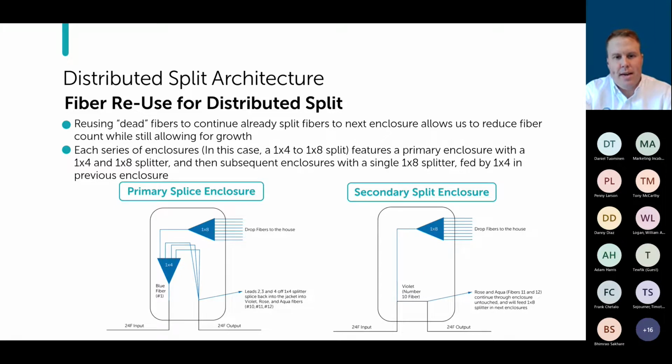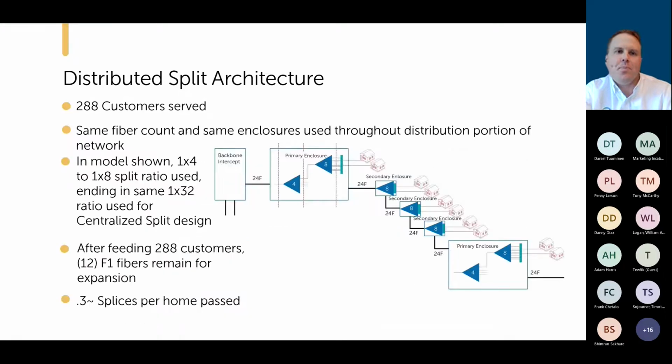So now our violet, rose, and aqua fibers are all on a 1x4 split. We hit our secondary splice enclosure, and now we're going to pull our violet fiber out because it's already been split 4 ways, and that will feed just another 1x8 splitter. So again, now we can drop our fiber count down, we can drop our enclosure size down, and we're dropping our splicing down, and we're still achieving the same result as we got in a centralized split design.